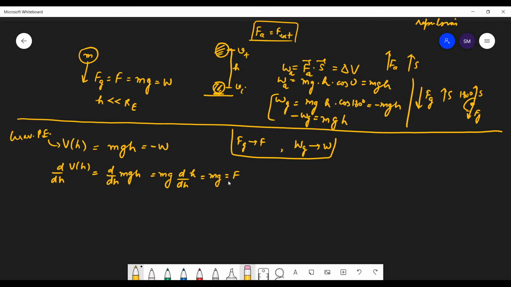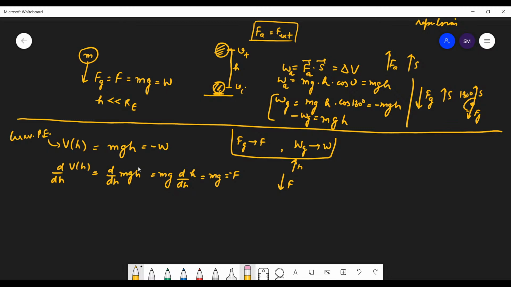So F is equal to mg, that is the gravitational force, but this will be negative. So why will this be negative? Because the gravitational force is downwards, and the height I was taking was upward, so both are in opposite directions. So that is why it is negative.